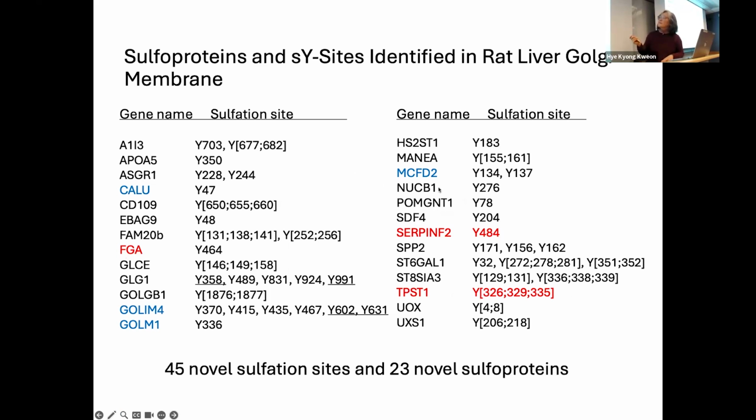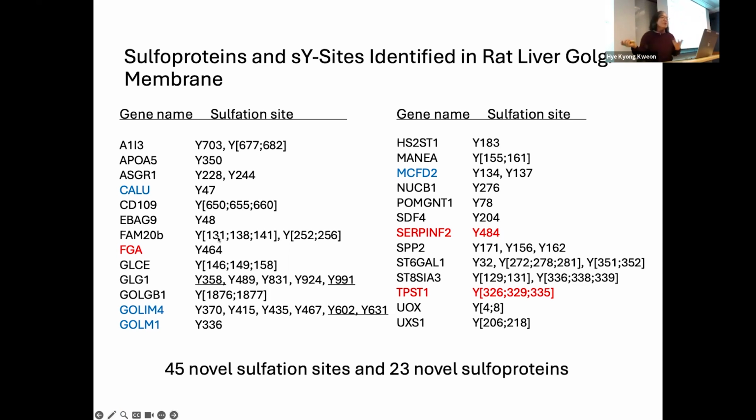We also found the sulfation sites here. Luckily, those peptides have only one sulfation in a single peptide, so we could localize it unambiguously. But if a peptide has multiple modification sites, we can't really pinpoint the location, so it's a little ambiguous in this domain.